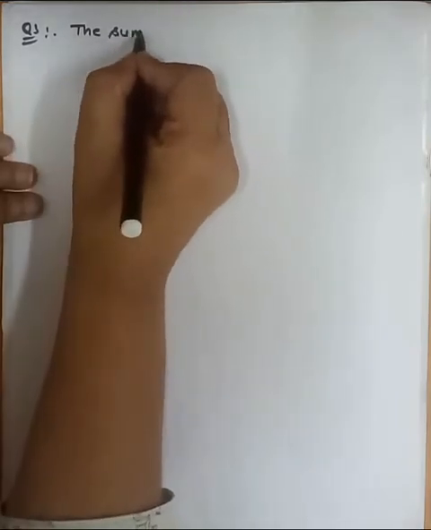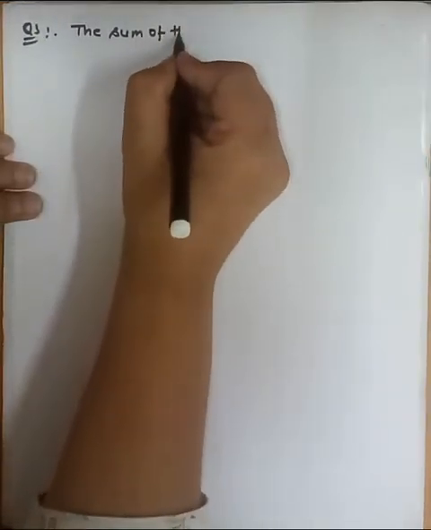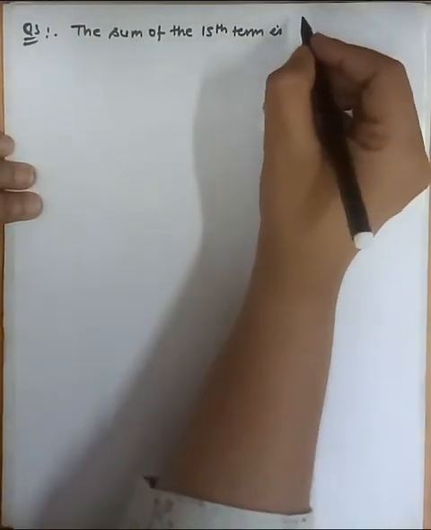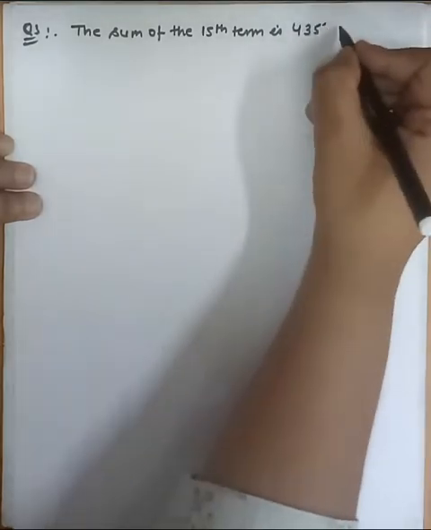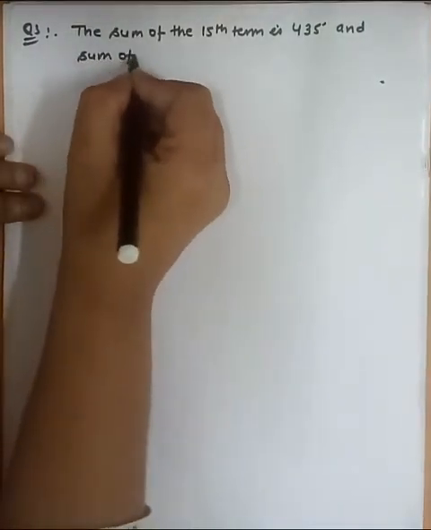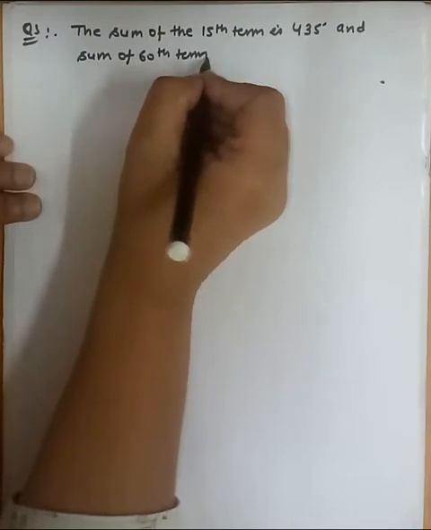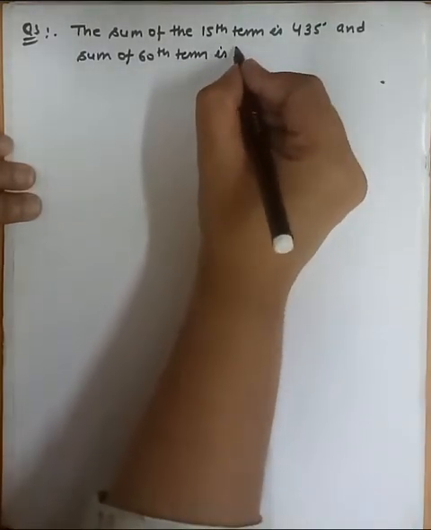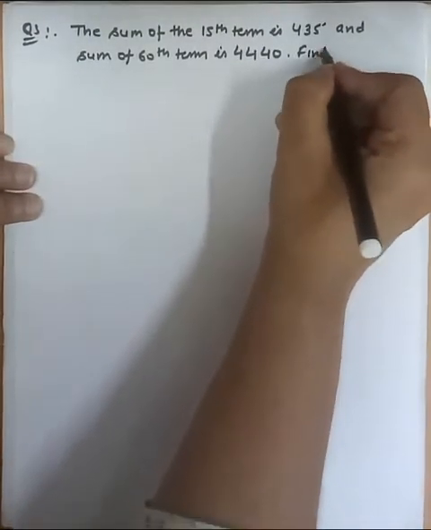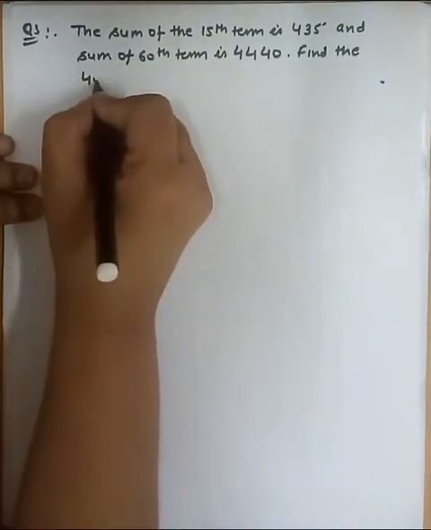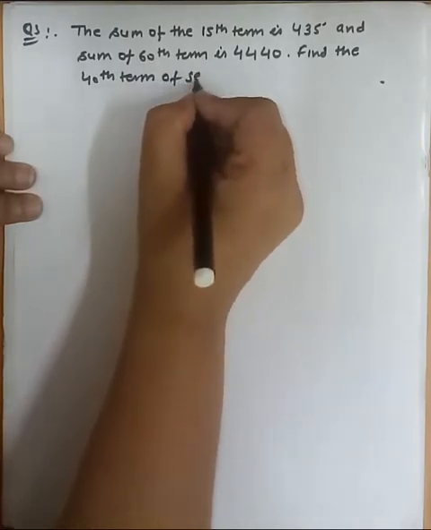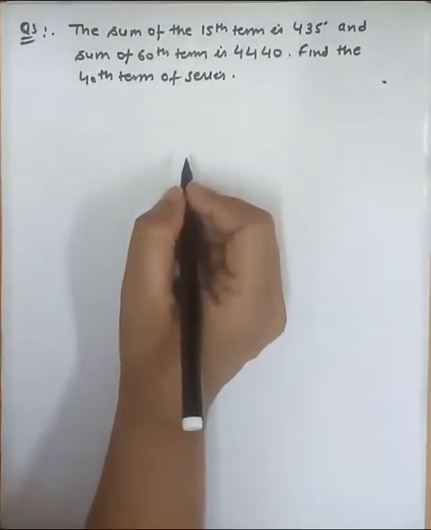The sum of the 15th term is 435 and the sum of the 60th term is 4440. Find the 40th term of the series.